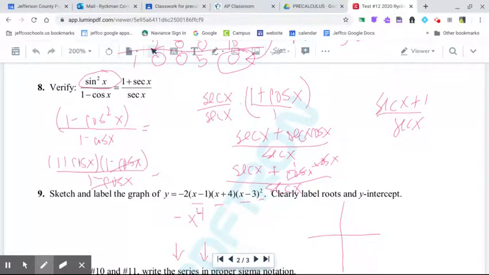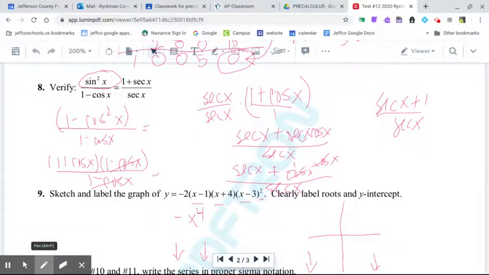As x gets infinitely large, I'd get a huge negative number for both positives and negatives if there's a negative out front. So if I get negative y's, the graph will go down, not up, down. So I know the graph will do that on the outside. Go down on the outsides.